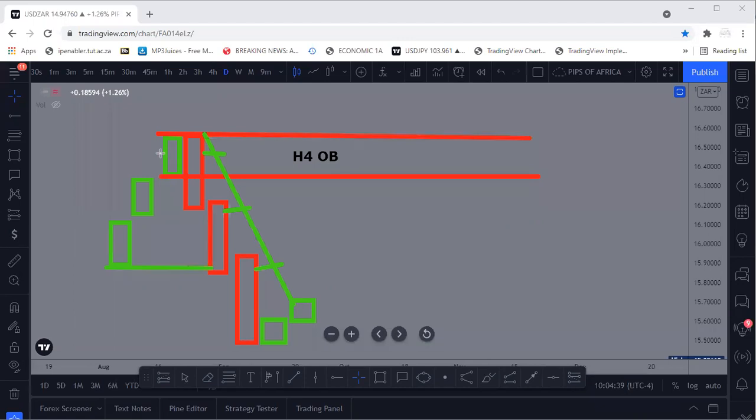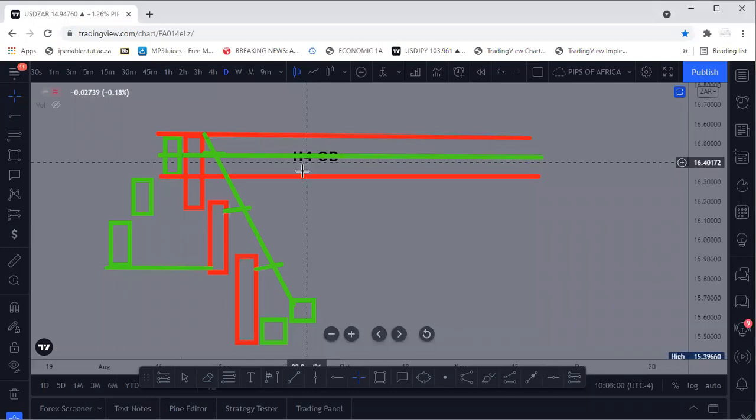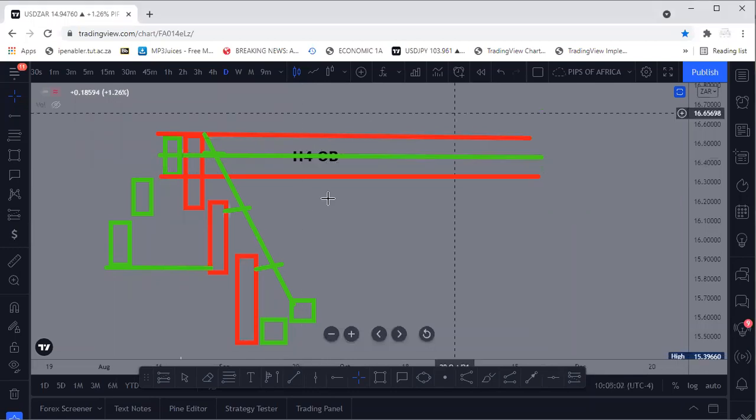The 50% of the order block, I believe it's here, because this is just for educational purposes. So now this is the 4-hour order block. All right, let me just leave it like that. But this is the 4-hour time frame. I'm trying to make this simple for you guys.